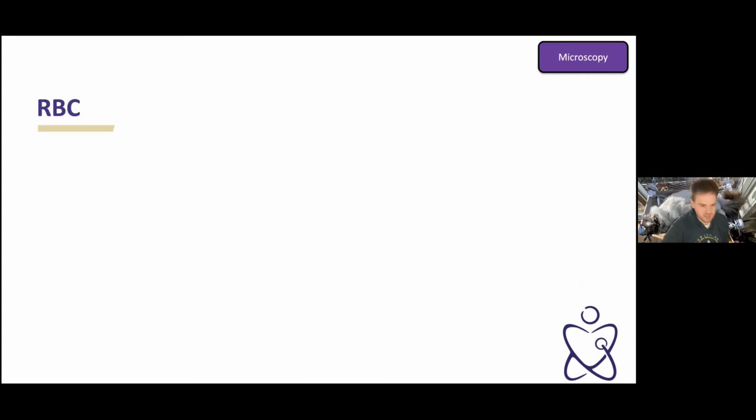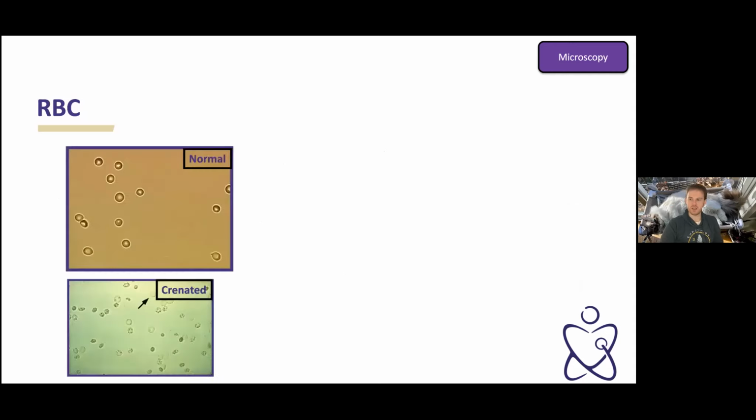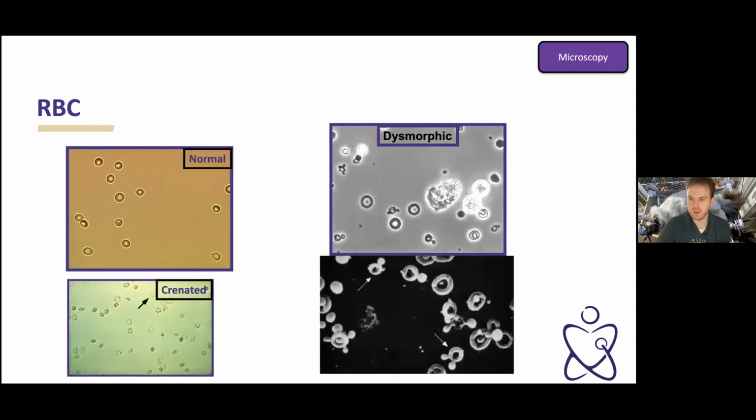For RBCs, I think the big picture thing to think about here is there are 3 different kinds. There's normal, crenated, and then dysmorphic, which we associate with GNs. Normal obviously have that smooth contour, the central clearing, which should be not too much, not too little.